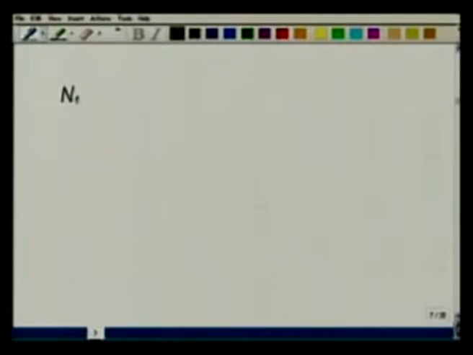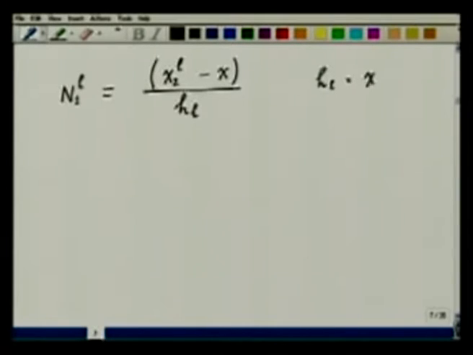Okay. So now tell me, what is N1L and N2L? So it's very easy. N1L will be equal to what? Since it has to be 1 at the point x1L and 0 at the point x2L, so it will be x2L minus x divided by h of the element L. That is the size of the element L. And remember that HL is equal to x2L minus x1L.